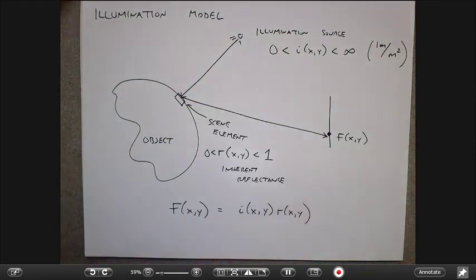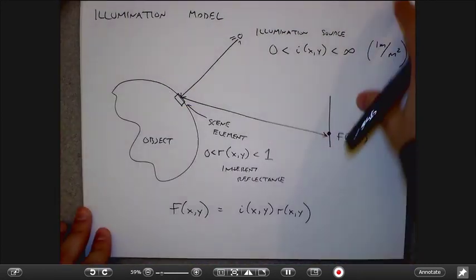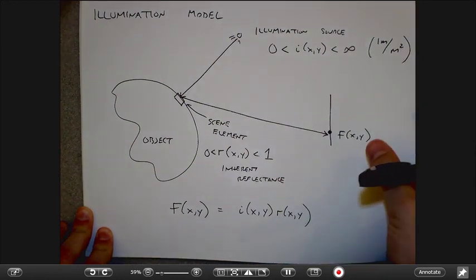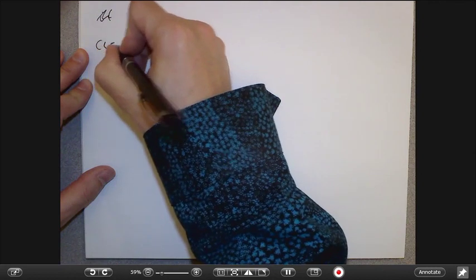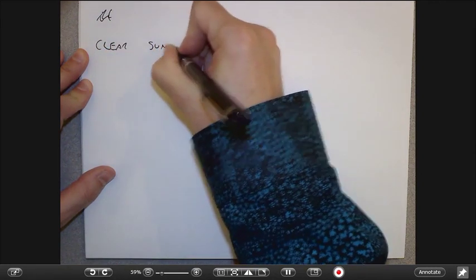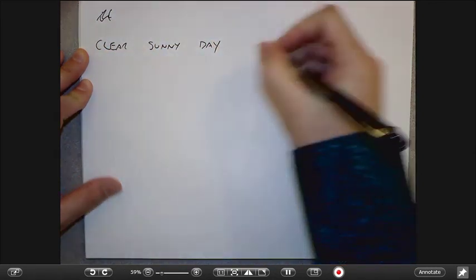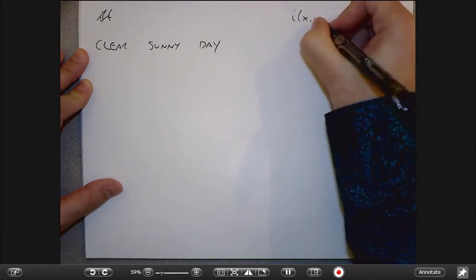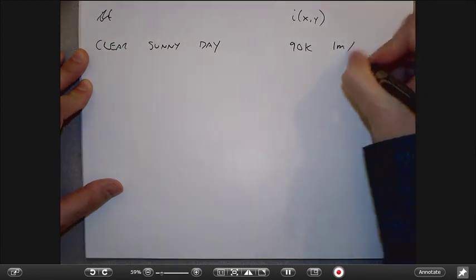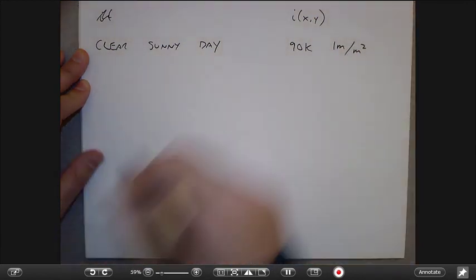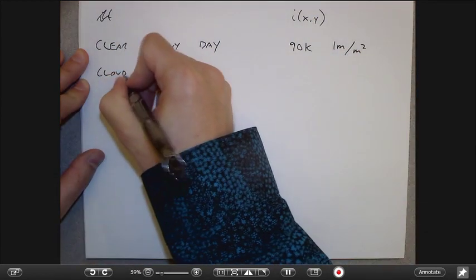And I just want to say a little bit about how bright illumination sources can be. There's a pretty wide range. A clear sunny day is about as much light as you can imagine naturally coming into the world, and that turns out to be about 90,000 lumens per meter squared.